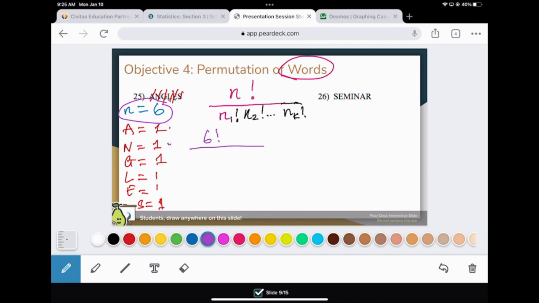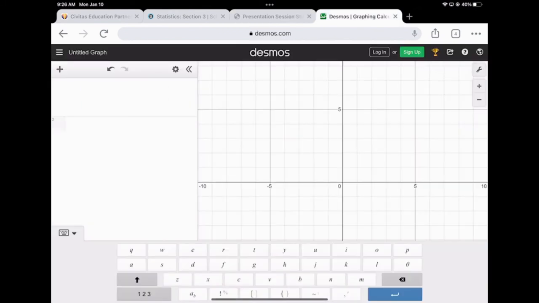For each of these numbers, I'm using the number that I have, so it's going to be 1 factorial, 1 factorial, 1 factorial. And I use all of them, 1, 2, 3, 4, 5, 6. We also know that 1 factorial is just 1. So this one is basically 6 factorial, which I can put in my calculator. 6 factorial gives me 720.